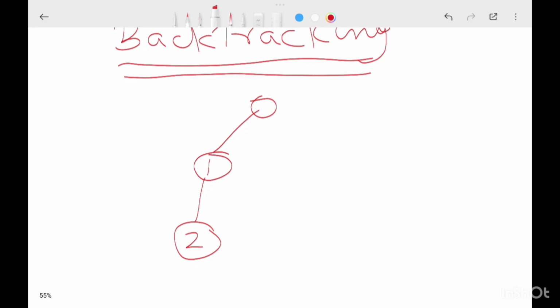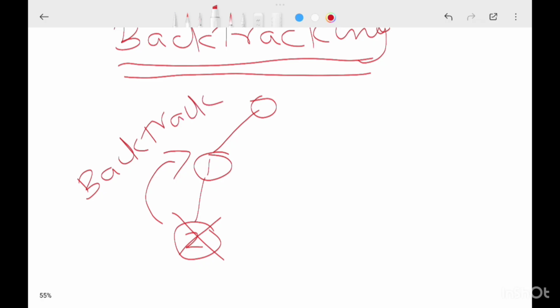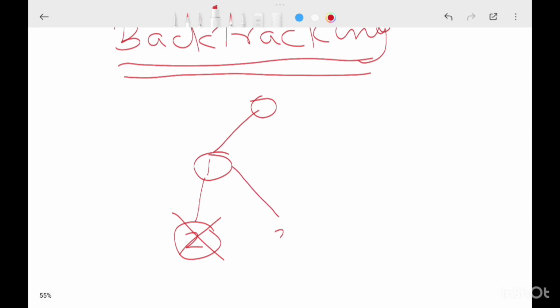Suppose at this state we check our constraint and we find this state is not a feasible state. That means the constraint is not satisfied, so I kill this state and move back to the previous state. This is called backtracking. So once I backtrack to the previous state, then from this previous state I will move to any other possible state that can be reached, and I do the same process repeatedly.